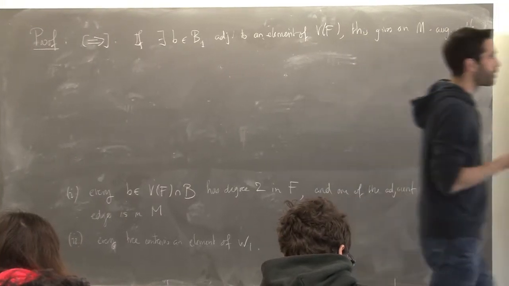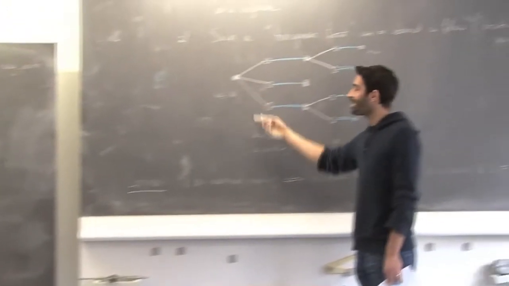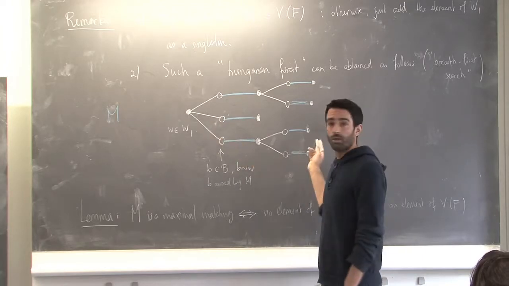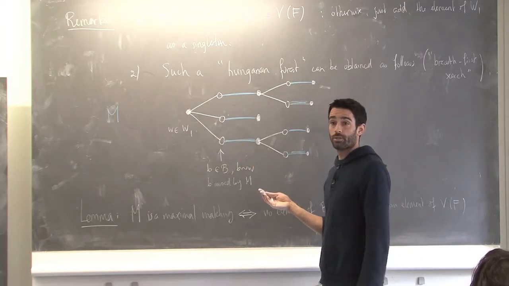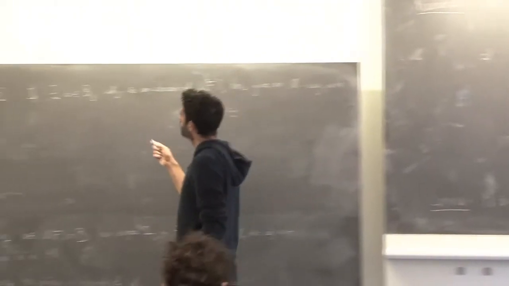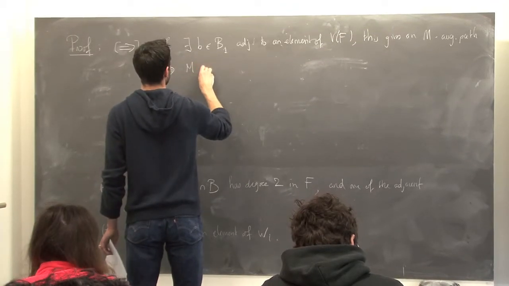And remember last time the story: if you have an M augmenting path, then it means that you can indeed augment M along this path by switching the edges along this path. So your matching is not maximal, right? You can augment it. So M is not maximal.